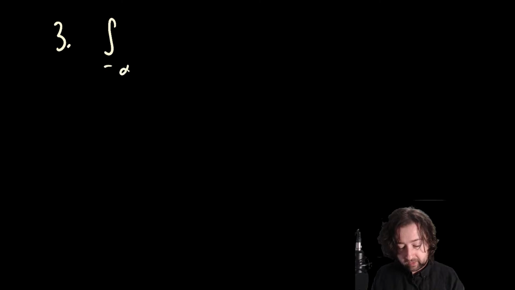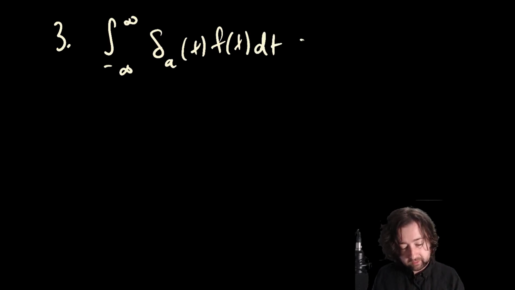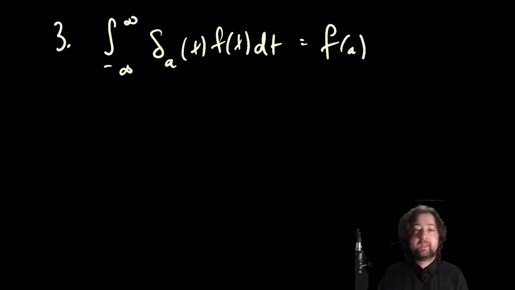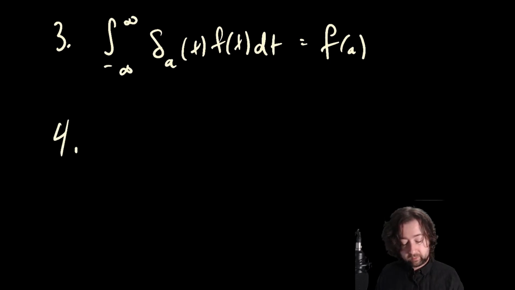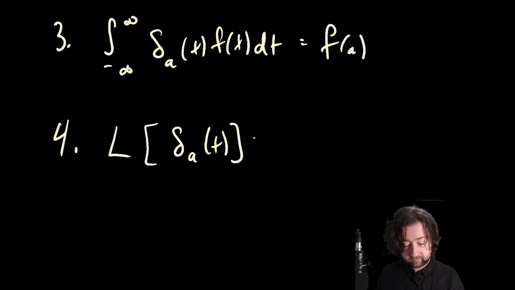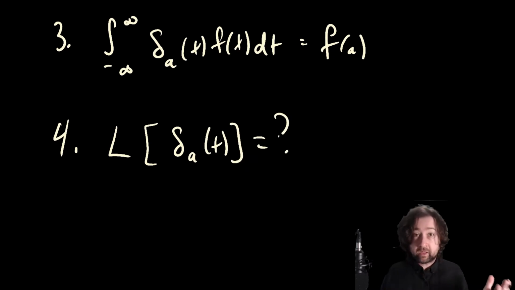The integral from minus infinity to infinity of delta a of t f of t dt is just f of a. And that property is going to give us our fourth property, which is the Laplace transform. What is the Laplace transform of the delta function? And why would we want it, first of all?